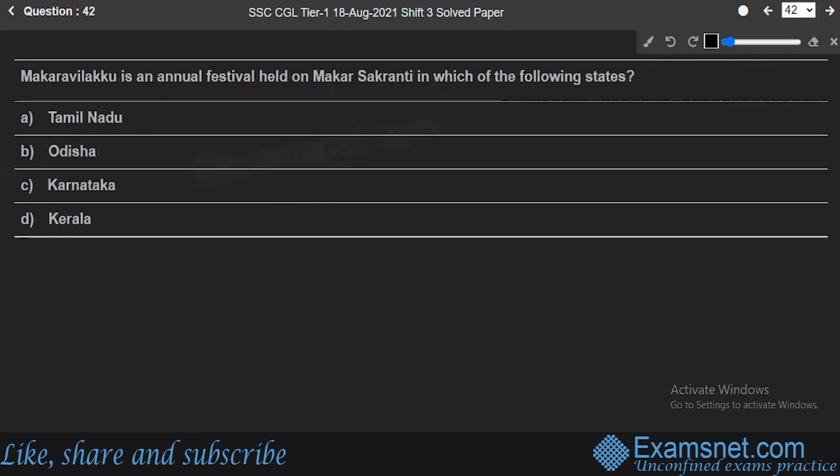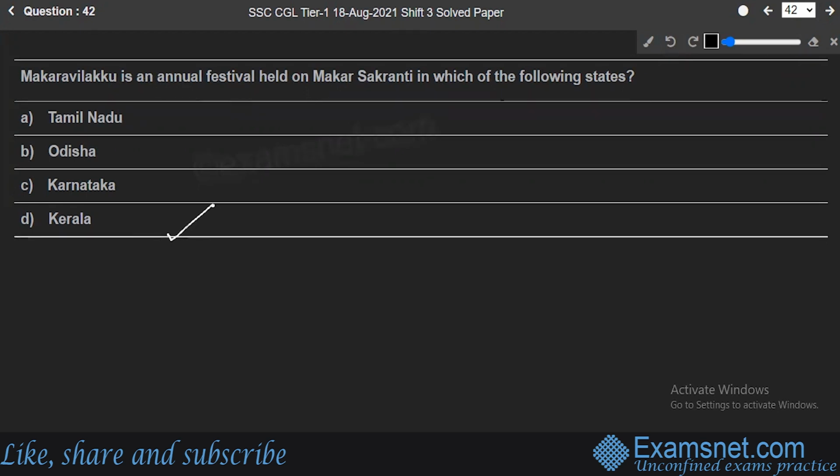Next, question number 42. Makaravilakku is an annual festival held on Makar Sankranti in which of the following states? Tamil Nadu, Odisha, Karnataka, or Kerala? Well, this is the annual festival which is held on Makar Sankranti in Kerala.